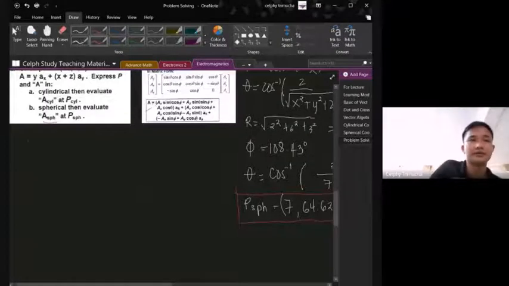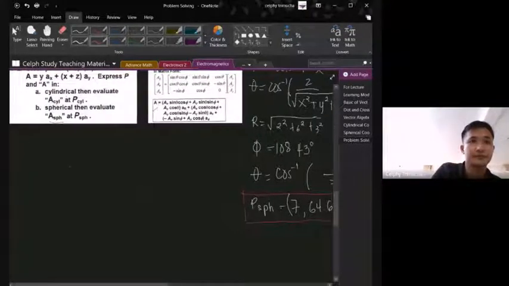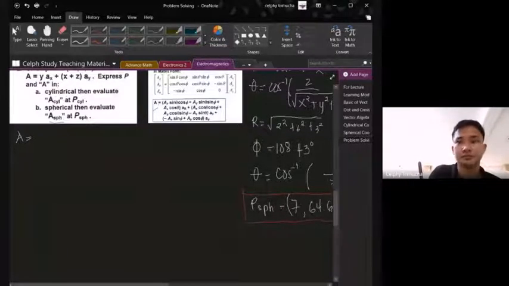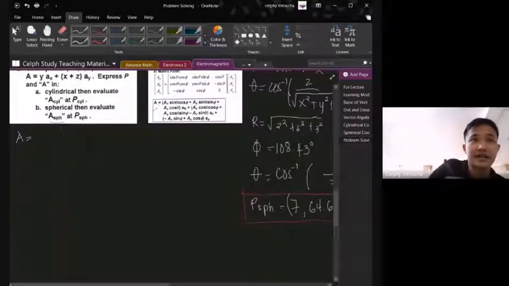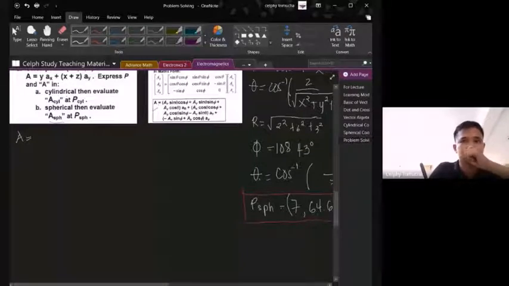So we will have A is equal to AX naton, copy ko din na AX sine theta cosine phi.